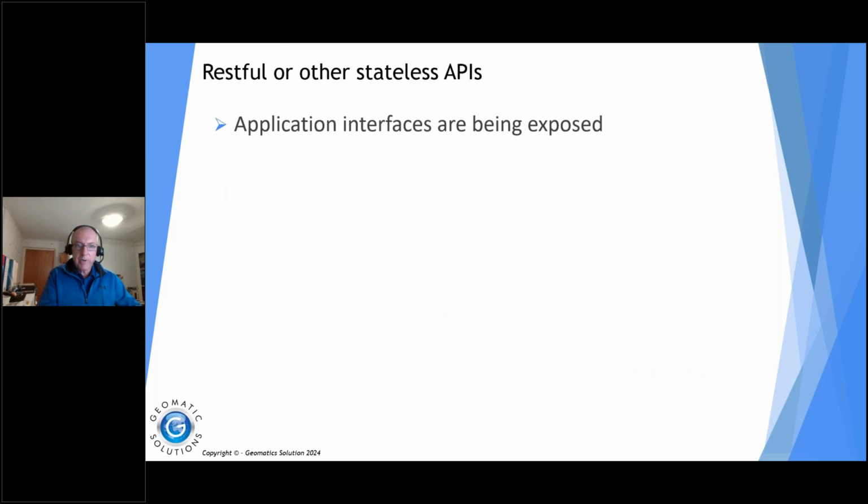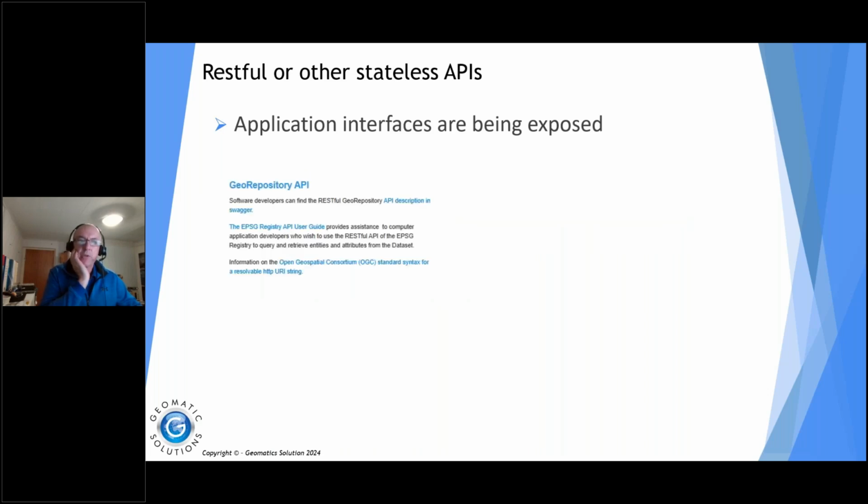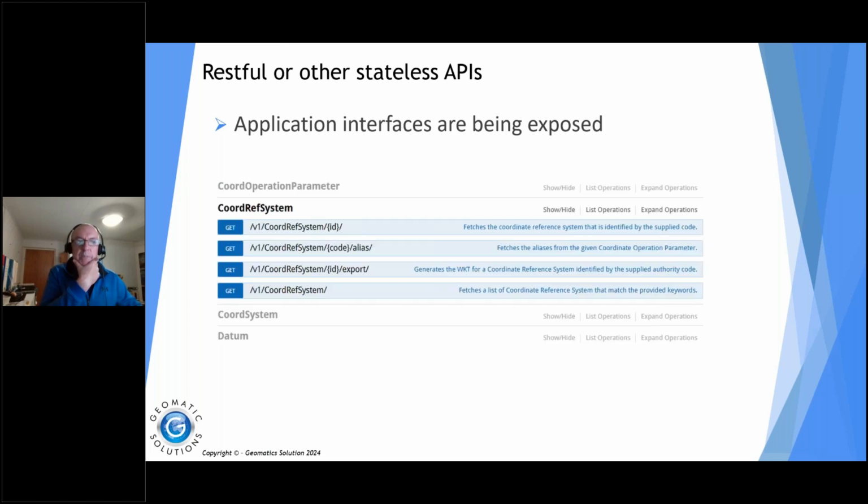We also have RESTful or stateless APIs. I'm not sure how many of you use this, but the first one here is from OGC. This is a way of using HTTPS or HTTP to get a definition of a CRS. You can do that from within your own applications. We can use the Georepository API, which the EPSG has got on their web page, and it looks like this.